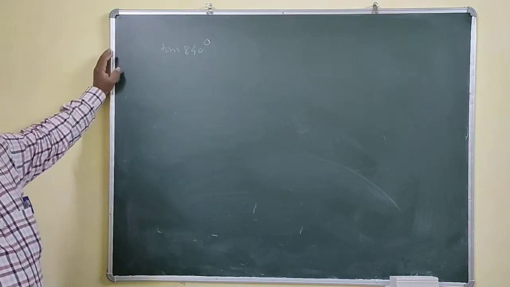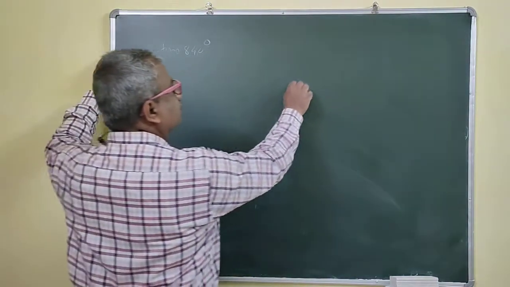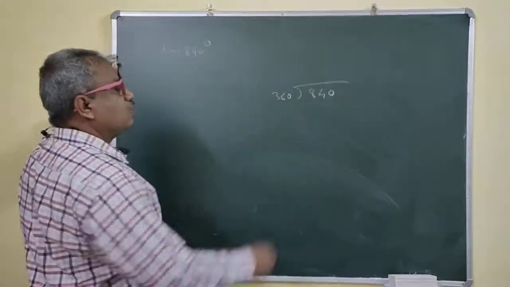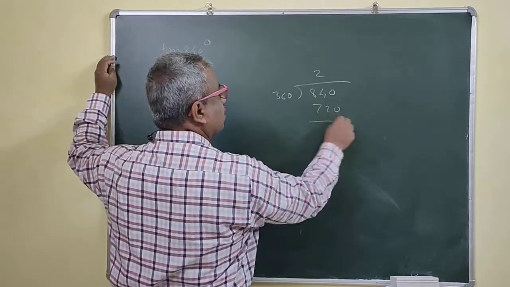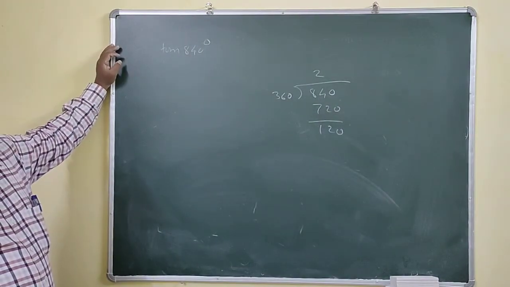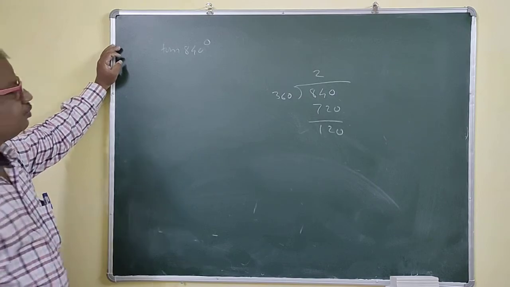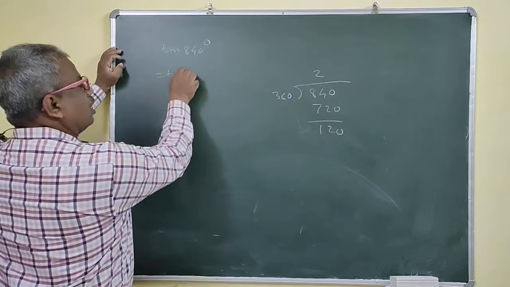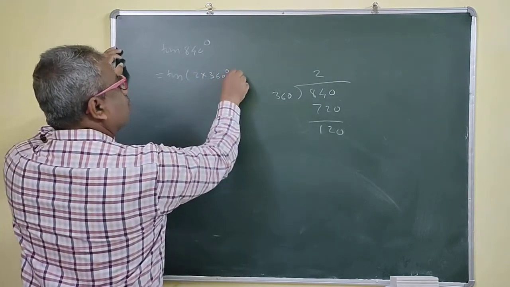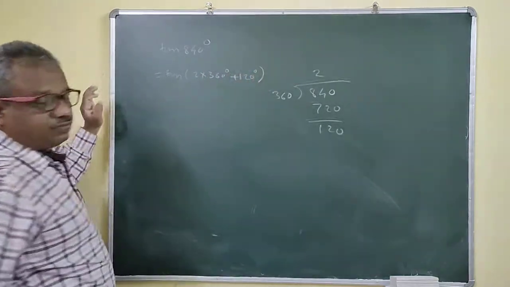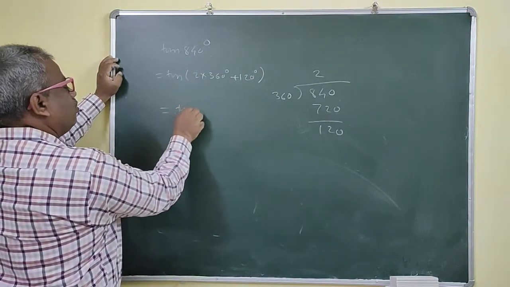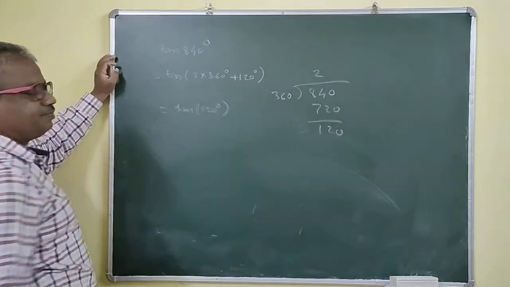Again, 840 is greater than 360 degrees, so do the division. 840 divided by 360: 2 times is 720, and the remainder is 120 degrees. So tan 840 degrees is tan of 2 × 360 degrees plus 120 degrees, which is tan of 120 degrees.